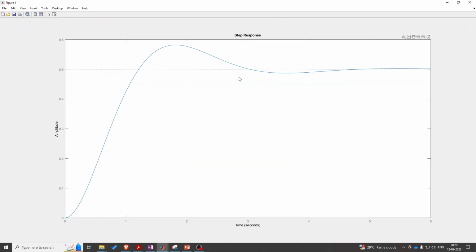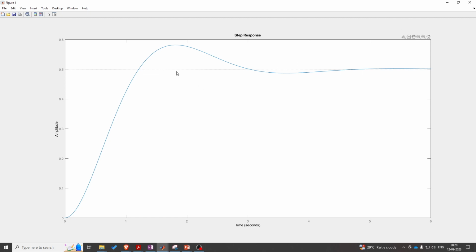So this is the response of the given second order transfer function for a step input of magnitude 1. Since the overshoot ratio is a ratio, it won't depend on the absolute magnitude. So we can calculate the overshoot percentage from here.